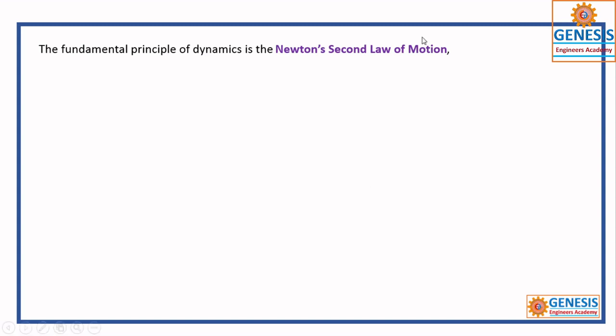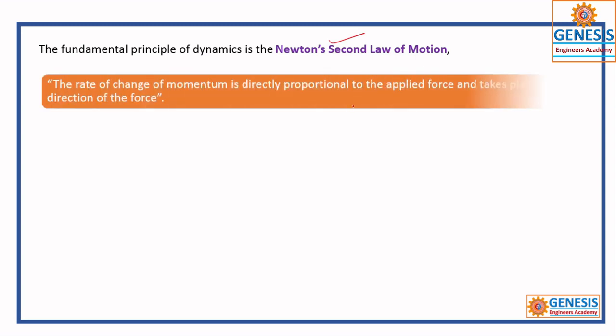The fundamental principle of dynamics is Newton's second law of motion. What it tells is the rate of change of momentum is directly proportional to the applied force, and it takes place in the direction of motion.